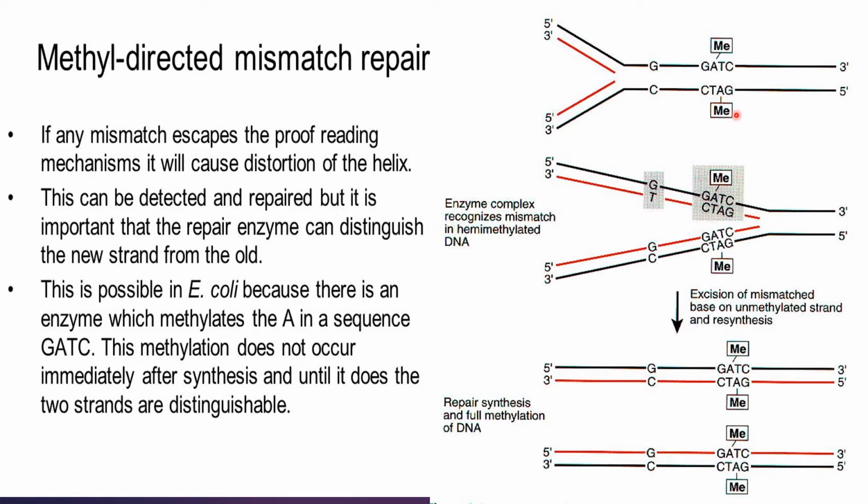Here you can see in the GATC sequence the old parental strands have been methylated. When new strands, present in the red color, are synthesized, they follow the template of the old parental strand, and when newly synthesized, the DNA strands are not methylated, so they can easily be recognized by the enzyme system or enzyme complex.